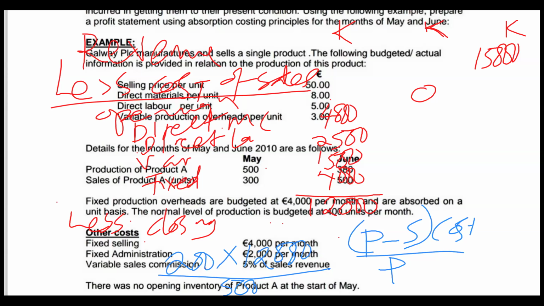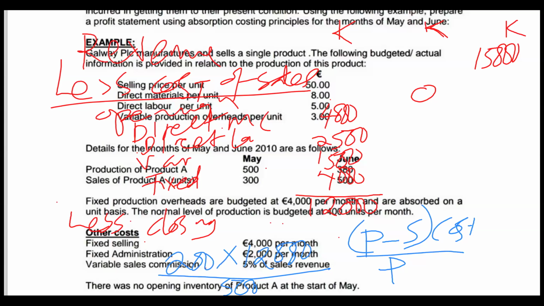That is if you are in the starting period, since we are starting from May now. But in the next class, when you're in the next month, like June, where we are having some inventory from the previous period, where we have opening inventory, you have to add the opening inventory from the previous period to this difference.